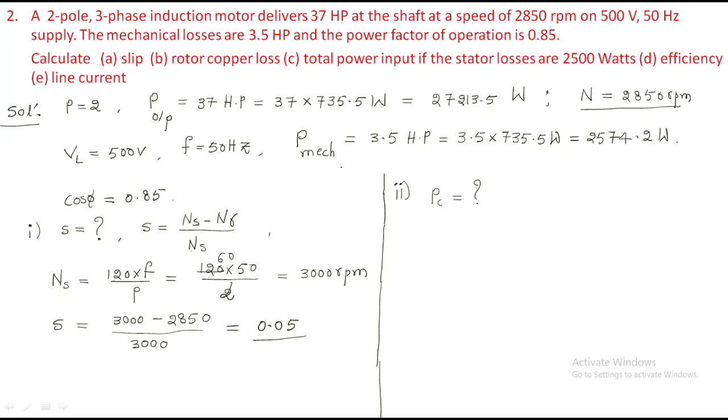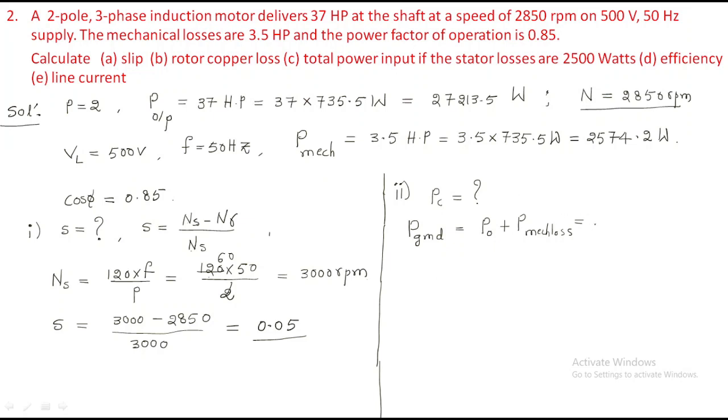Before that, we have to understand one concept. That concept is gross mechanical power developed is nothing but the output power plus mechanical losses. This is a very important point. First, gross mechanical power is developed in the induction motor. After that, by removing the mechanical losses from the gross mechanical power developed, we will get the output power. That's why we have to include this.